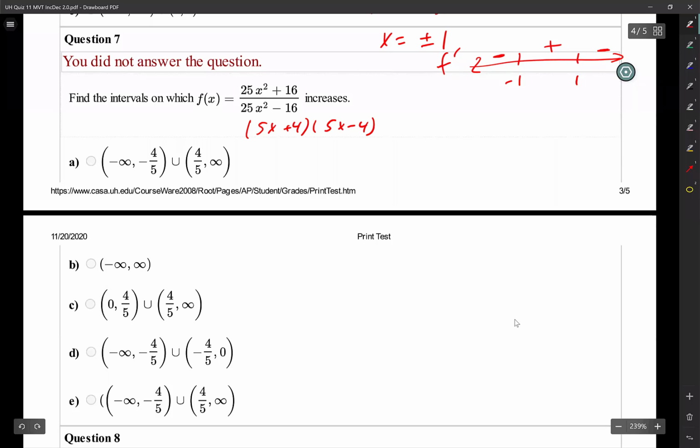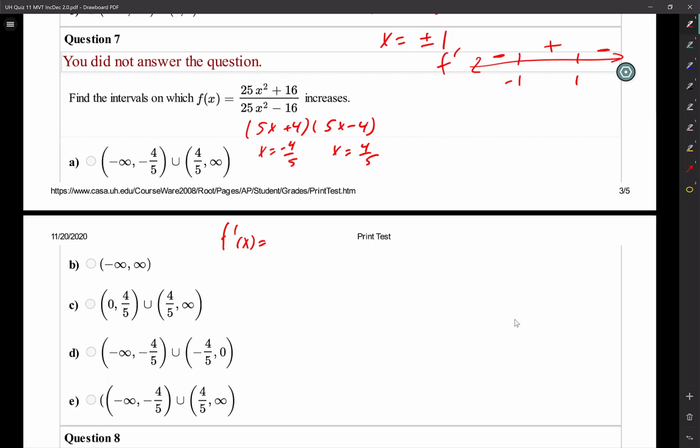I have vertical asymptotes at negative 4/5 and 4/5. Those are VAs. Here we go. Well, this is not asking for points of inflection, but I'm trying to get you guys in the habit of, if they were to ask for points of inflection, can you have a point of inflection at a vertical asymptote? No. So just get in the habit of that when they ask for it.